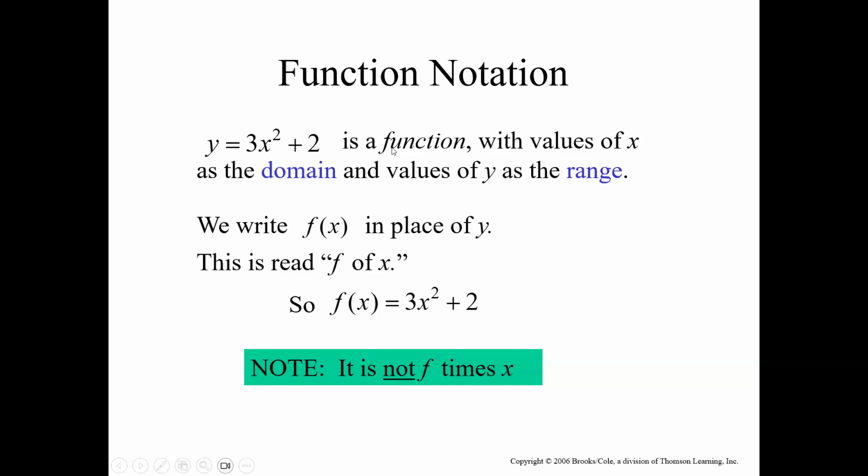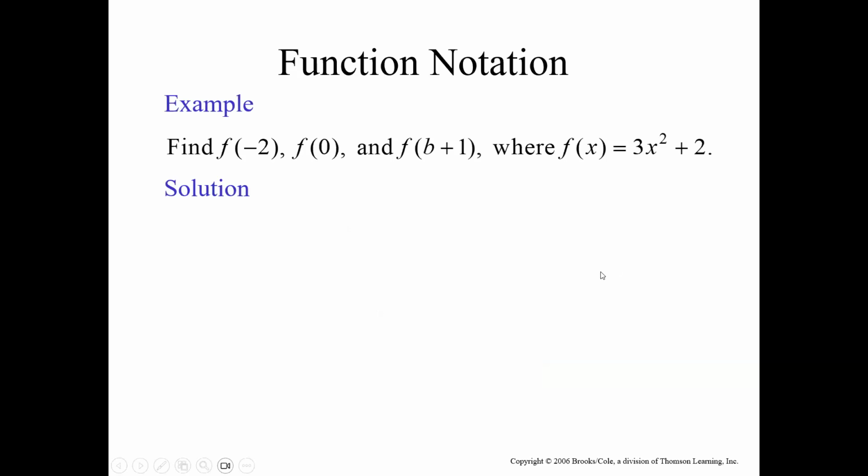And then we write f of x in place of y. So this will read f of x is equal to 3x squared plus 2. Now, note, it is not f times x. So this is the terminology. We say f of x. We don't say f times x.